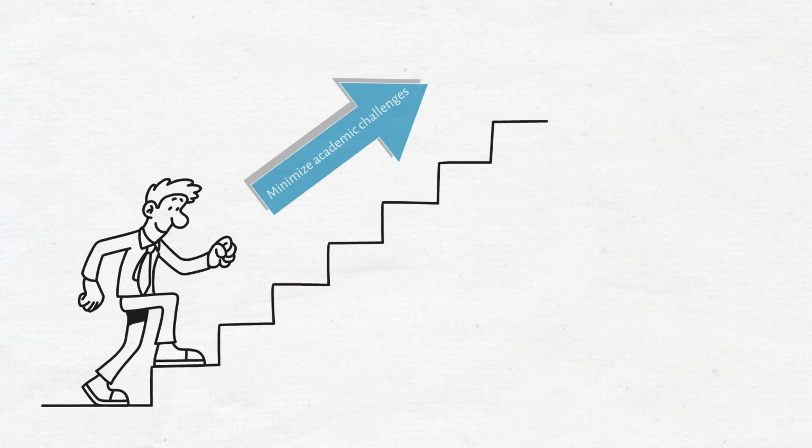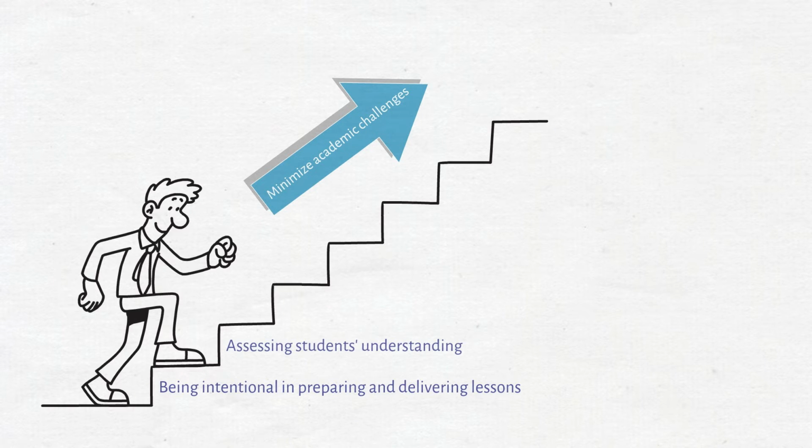Academic challenges can be minimized by being intentional in preparing and delivering lessons and learning material. Consistently assessing students' understanding of the content can help teachers identify learning gaps and provide necessary and timely support for students.